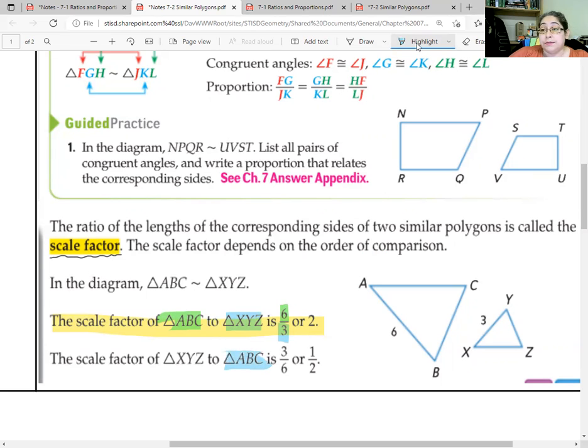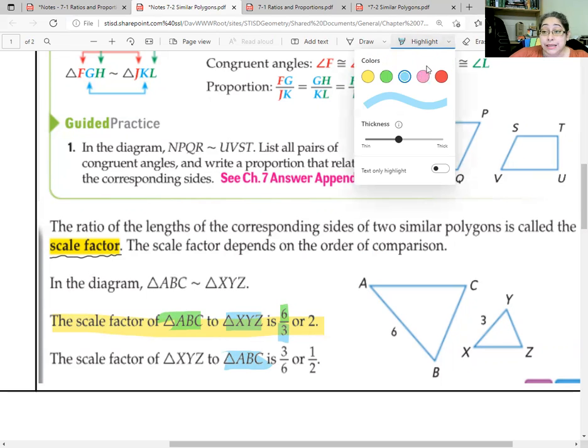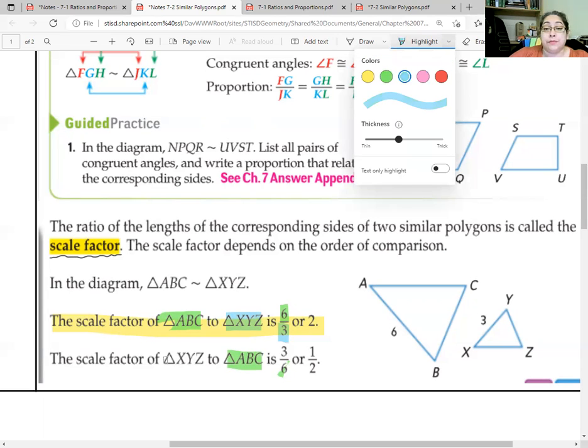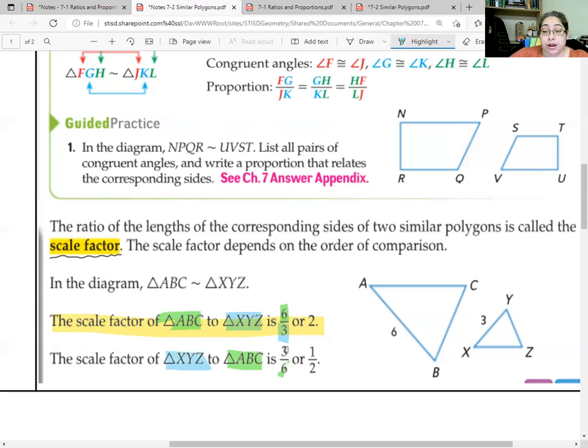The other statement says the scale factor of triangle XYZ to triangle ABC. Notice in this case, I have these backwards. The XYZ is listed first, which means that the information from the XYZ triangle is on top.